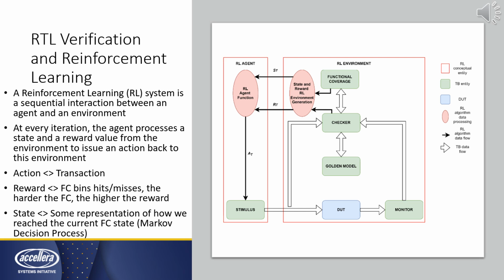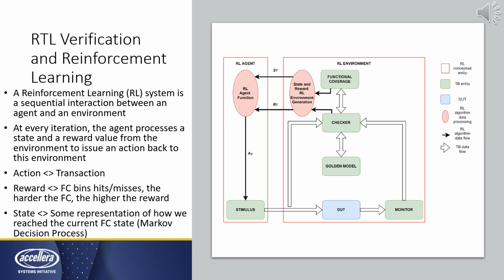Now if we move to the reinforcement learning world, we can say that the stimulus are actually actions executed on an environment, and in our case the environment would be mainly the DUT. So you can see the two red frames here, the agent and the environment.